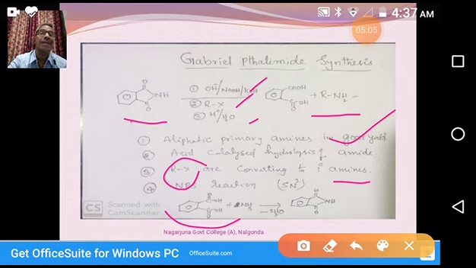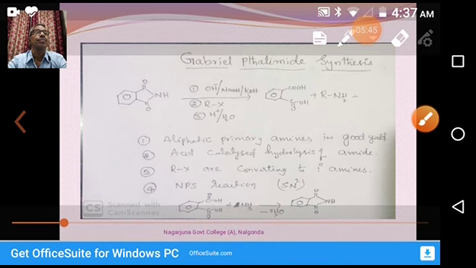When this phthalic acid reacts with 2 moles of ammonia, it gives the diamide of phthalic acid. This diamide, on rearrangement, loses one ammonia molecule, giving phthalimide. This is the substrate we use for this specific synthesis.